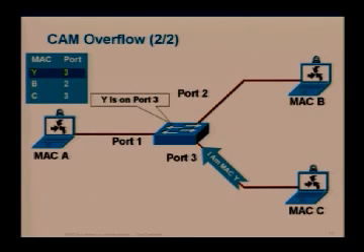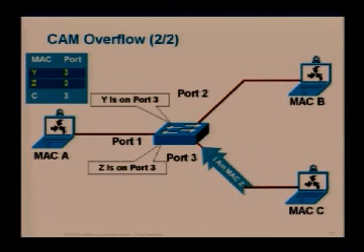Whenever he sends Y, the switch says, oh, Y is living on port number 3, okay, I'll update my CAM table. Then again he says, I am MAC address Z on port number 3. The switch says, oh, Z is also living on port number 3, and so on. So this guy keeps on sending bogus MAC addresses until your switch CAM table is fully populated with bogus MAC addresses, all pointing to the same port.